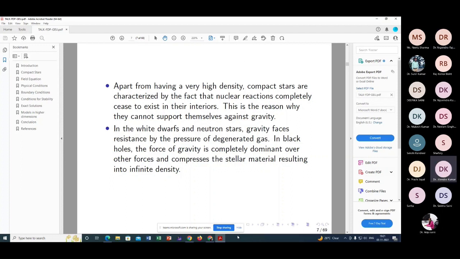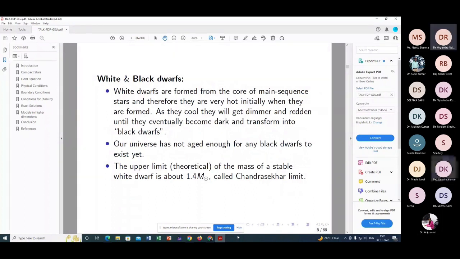Now, what are white dwarf and black dwarf stars? This mainly consists of degenerate matter, typically carbon and oxygen nuclei in a sea of degenerate electrons.